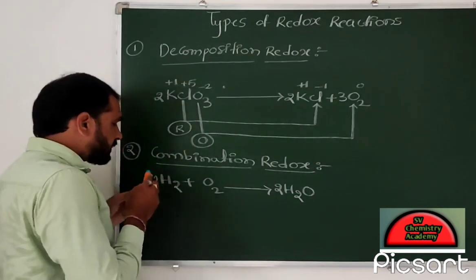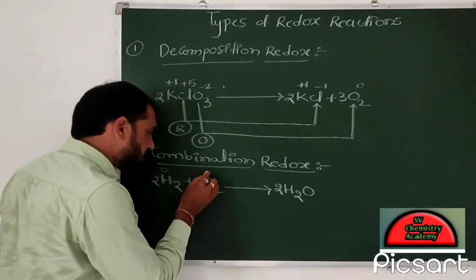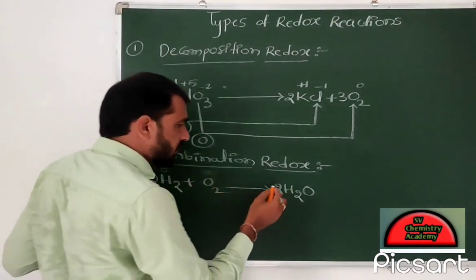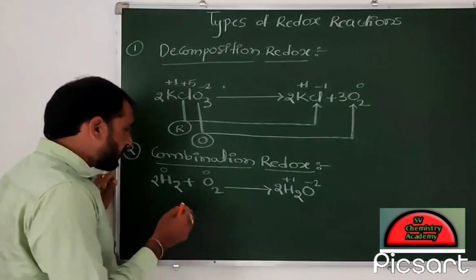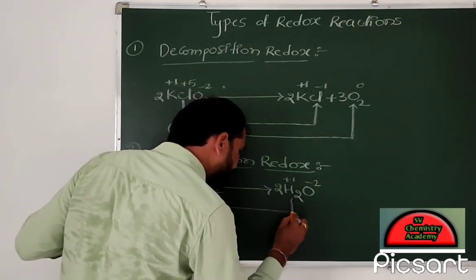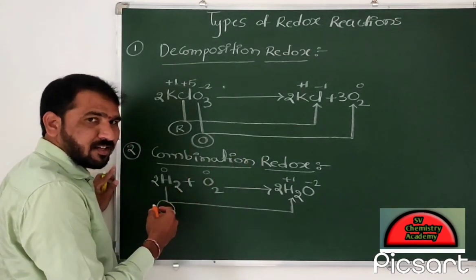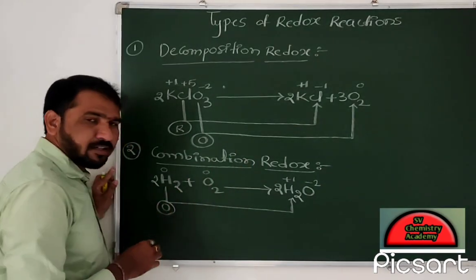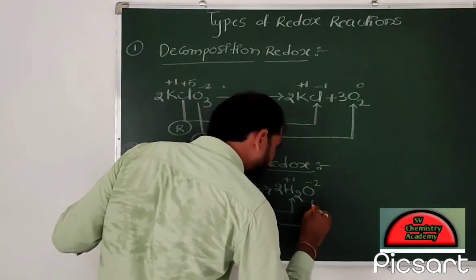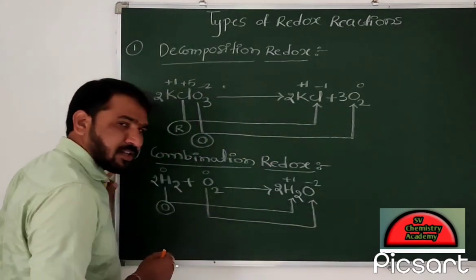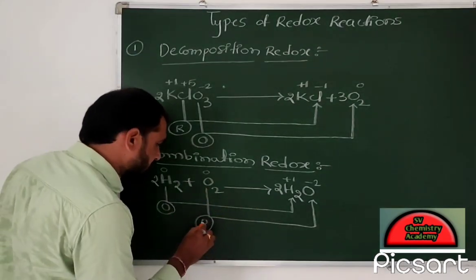On the left side, hydrogen oxidation state is 0, oxygen is also 0, as these are neutral molecules. On the right side, hydrogen oxidation state is +1 and oxygen is -2. Hydrogen goes from 0 to +1, increasing oxidation state, so it is oxidation. Oxygen goes from 0 to -2, gaining electrons, so it is reduction.